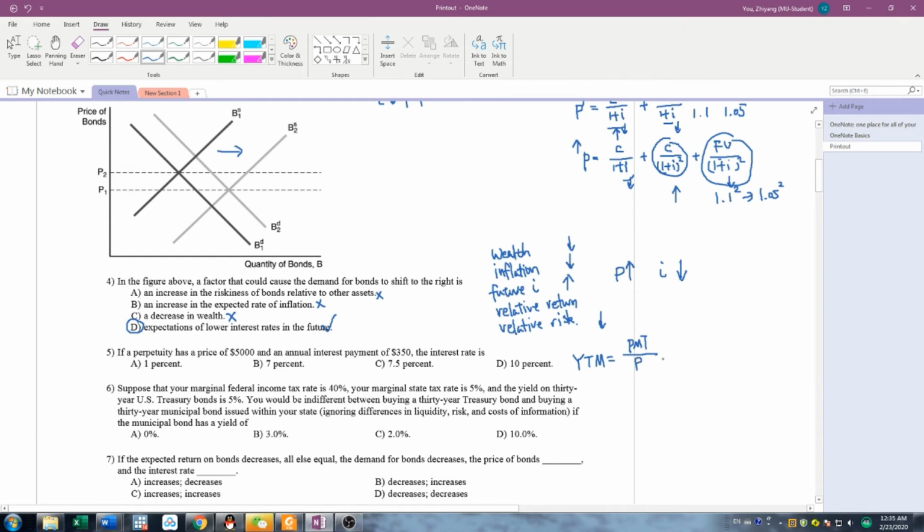Okay, so the price. And in this case, it's going to be $350 divided by 5,000, which is 7%.